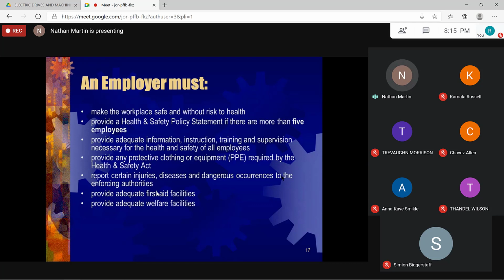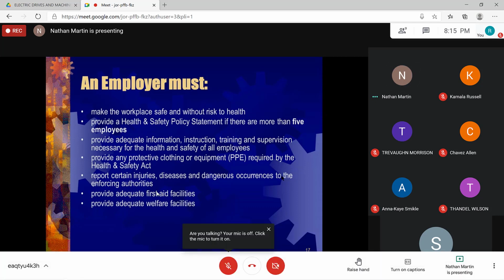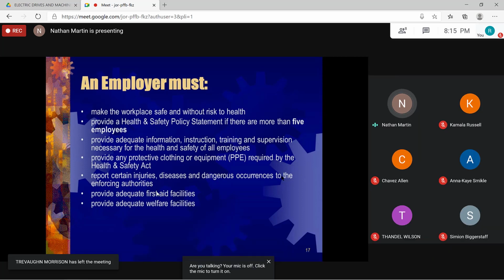Make the workplace safe and without risk to health, right? Provide a health and safety policy statement. That is the big statement you see at the entrance of most commercial and industrial settings, once you have more than 5 employees. Provide adequate information, instruction, training and supervision, meaning that if you have health and safety procedures, most of the time you get on-the-job training, right?